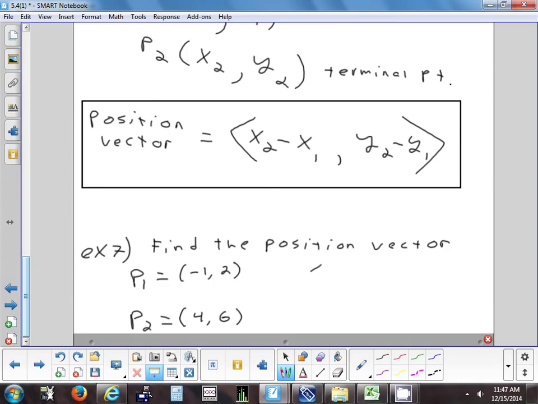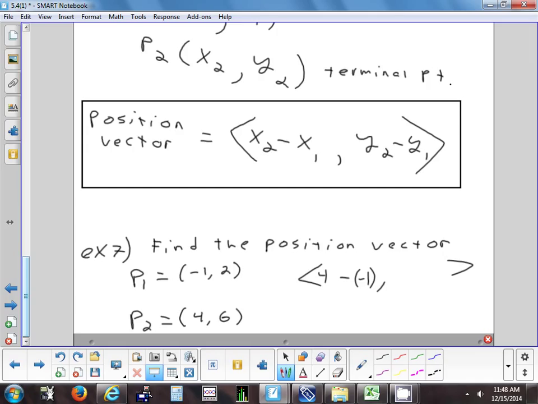Let's see if we can find our position vector. Okay, Michaela, can you tell me what the calculation will be to find the x, the horizontal? 4 minus -1. Good. Don't forget, you got a minus from the formula and a minus from the -1, so that's perfect.